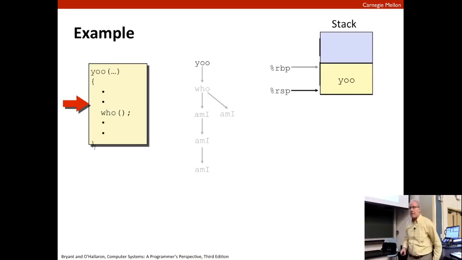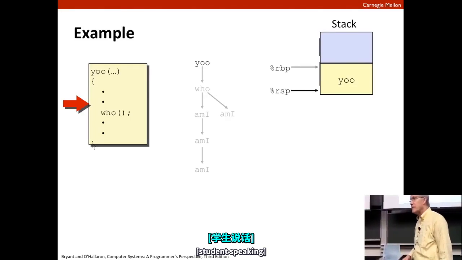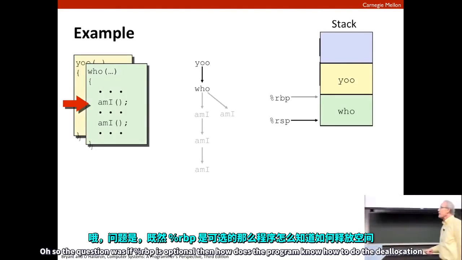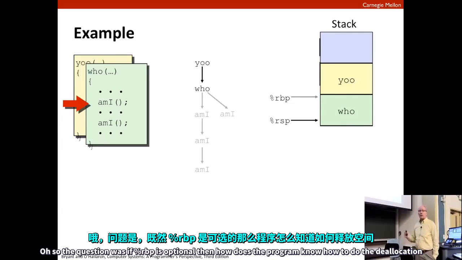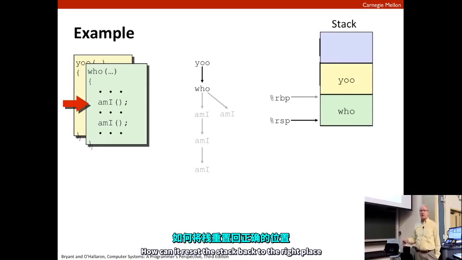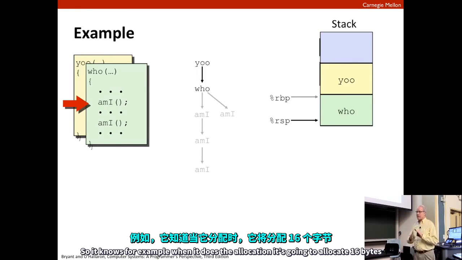Yes, question? So if RBP is optional, how do you know how much to take? Oh, so the question was, if RBP is optional, then how does the program know how to do the deallocation? How can it reset the stack back to the right place? And the answer is, and we'll see examples, that the code is compiled so it knows, for example, when it does the allocation, it's going to allocate 16 bytes.